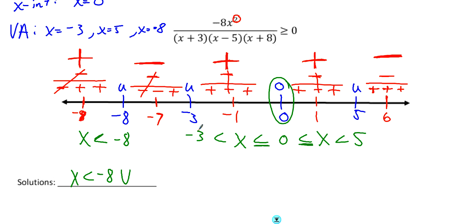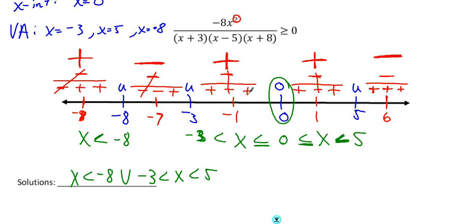From -3, this is saying x is greater than -3, all the way to less than 5. This whole thing includes every value in between -3 and 5, because this one is from -3 to 0, and then this one's from 0 to 5. So since we're including everything, we can condense this into one and just say when x is greater than -3 but less than 5. And you can see from the sign chart, it's all positive there.